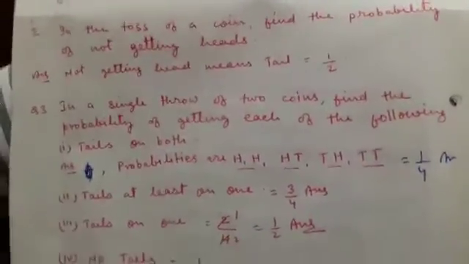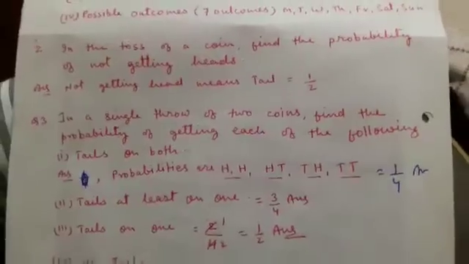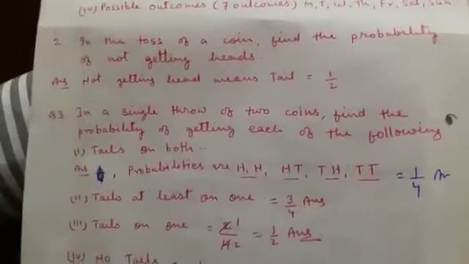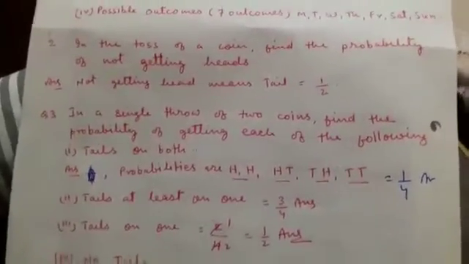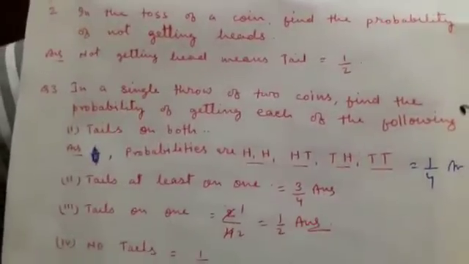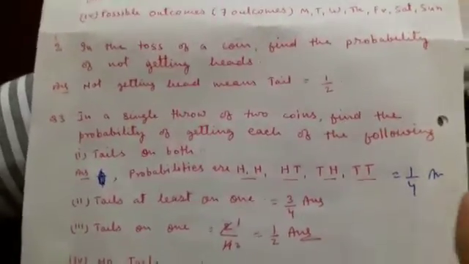In a single throw of 2 coins, find the probability of getting each of the following. First, tails on both. If we are tossing 2 coins at the same time, what will be the probability of getting tail on both the coins?